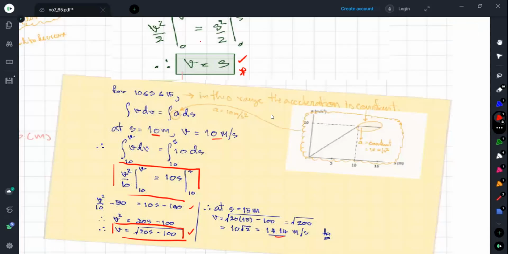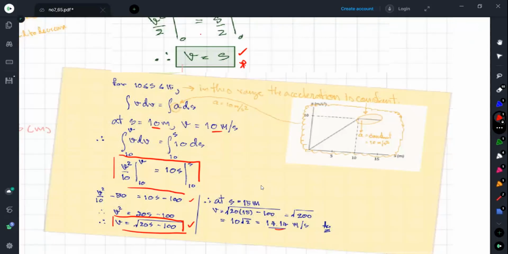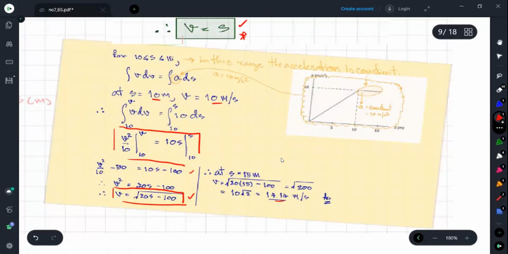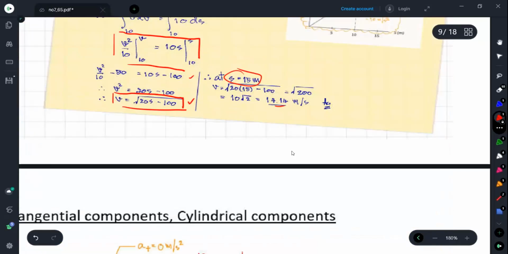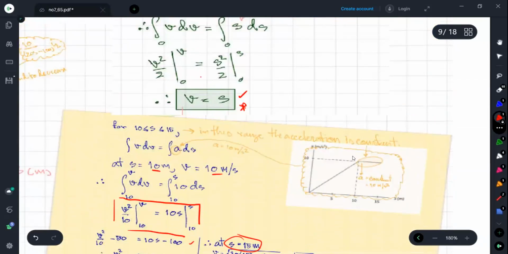So now we have two points. Actually, we should draw the V-S graph, but for this case, this is for S equals 15 meters.